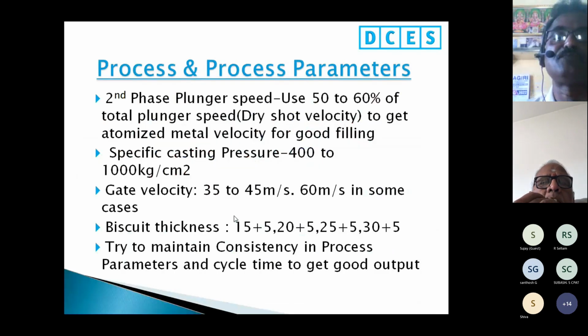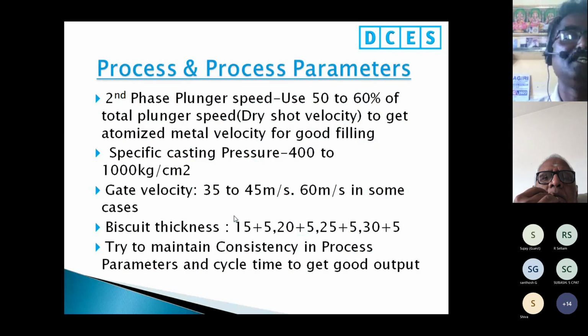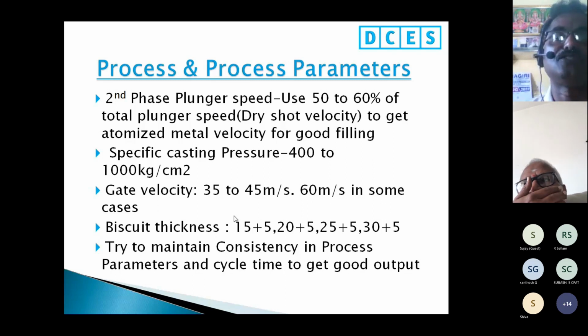The second is plunger speed. Here I insist on using 50 to 60% of the total plunger speed. For example, when you have a manual machine with 5 meters per second, try to use 50% to get the automized flow of the material. Here, the automized flow means the material should get the same velocity from the gate up to the end of the fill.